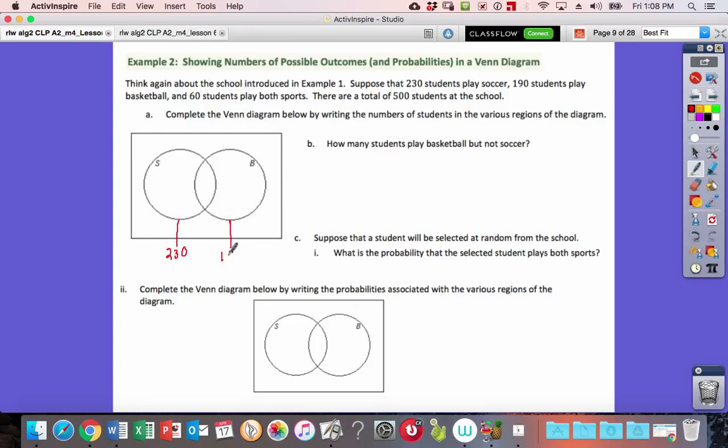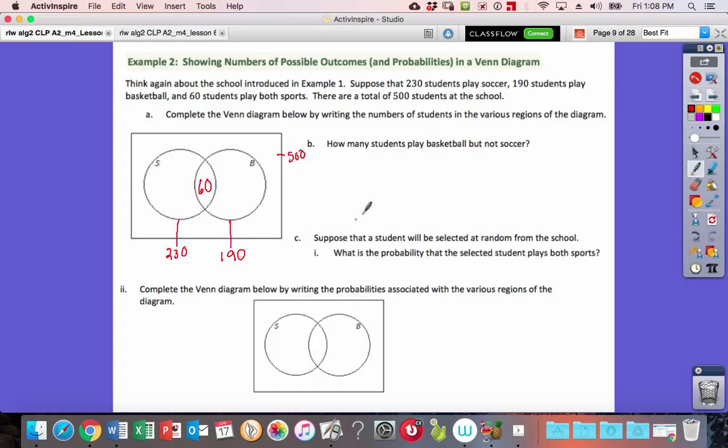I'm going to do it like that. And I have 60 students that play both sports. That is all the info. Oh, nope, we got one more. 500 students at the school. There's 500 total at the school. So I'm going to put 500 out here.